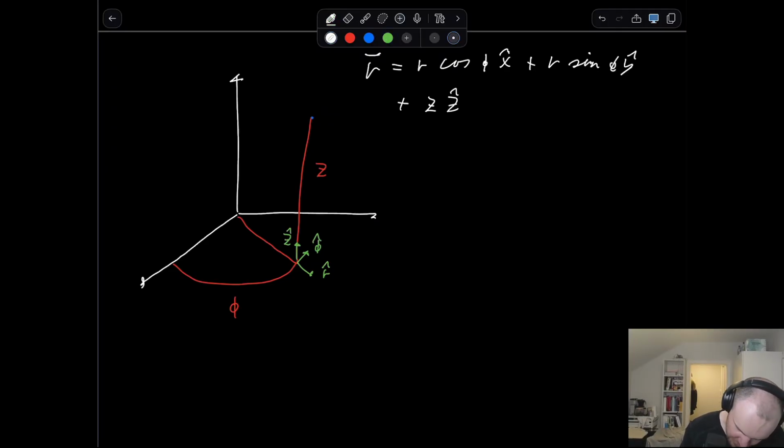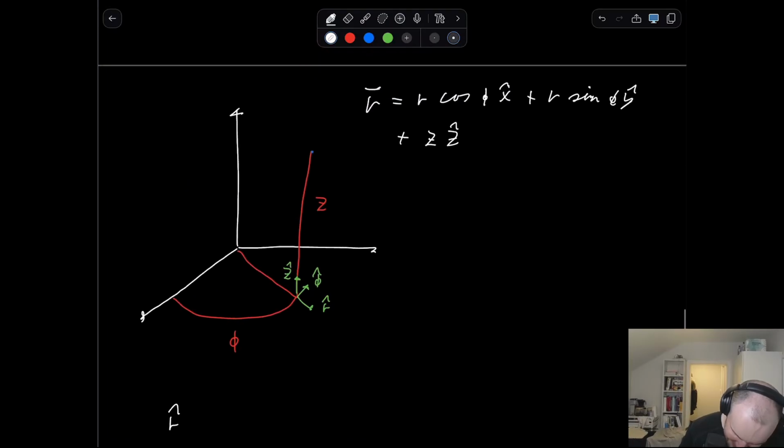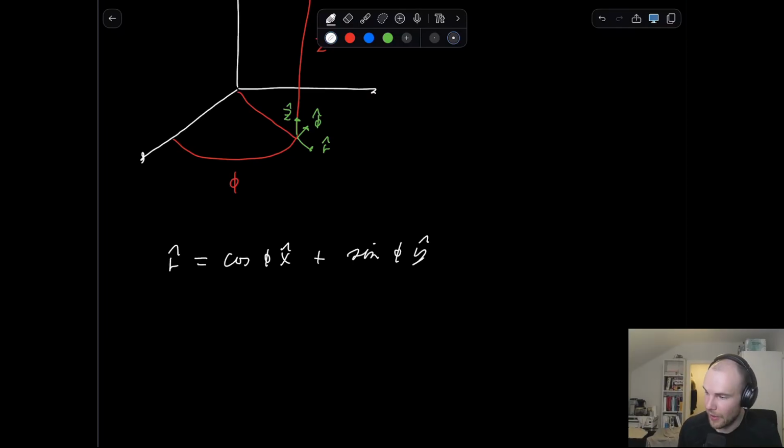You can just use your intuition here. So r hat is the same as r, you just need to remove r itself. So it's just cosine of phi in the x hat direction, and then plus sine of phi in the y hat direction. There we have r hat.